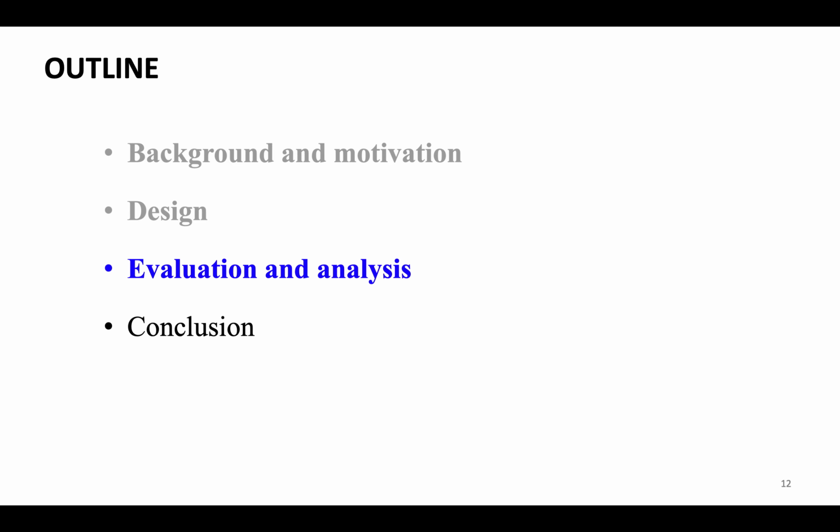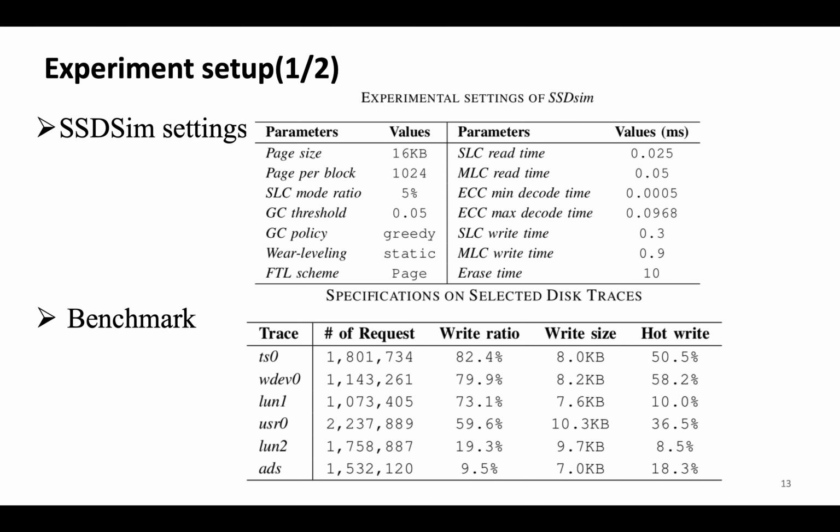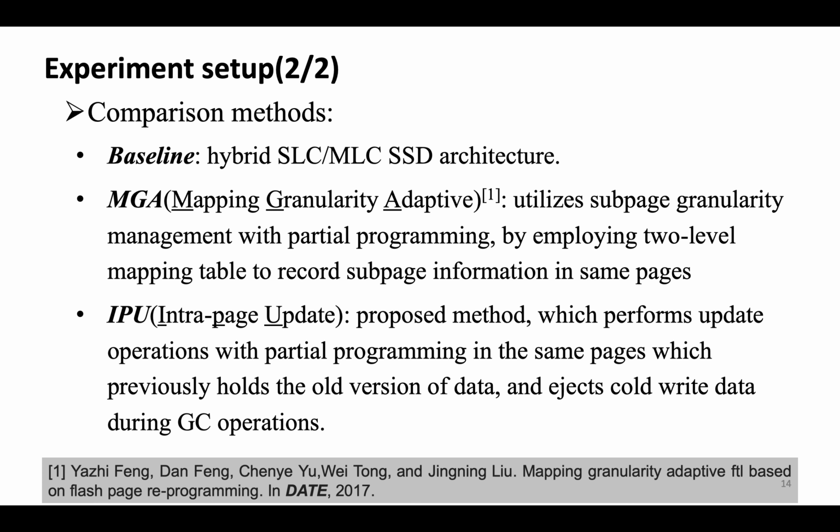Next is the evaluation part. The SSDSim simulator settings and benchmarks are shown in these two tables. A hot write in the table below means the requests are accessed not less than 4 times. These three methods are used for evaluation comparison. First is baseline. It uses fixed SLC-mode blocks and does not support partial programming.